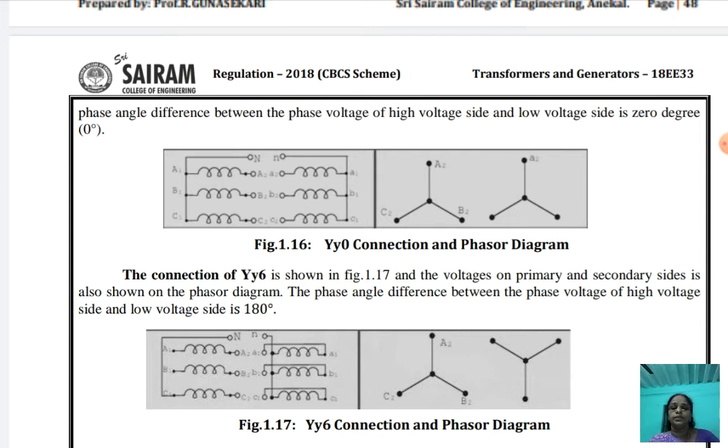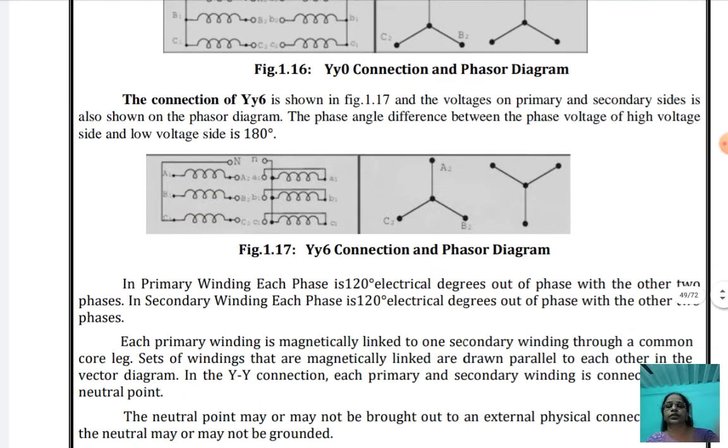The primary is YY, that is a star connection, and the secondary is also a star connection, but the shift is 180 degrees. You can see the capital A, B, C phasor diagram, and another diagram with small a, b, c showing the 180 degree phase shift. Now you see, this is the YY6. I already told you, the 6 o'clock position means 180 degree phase shift only.